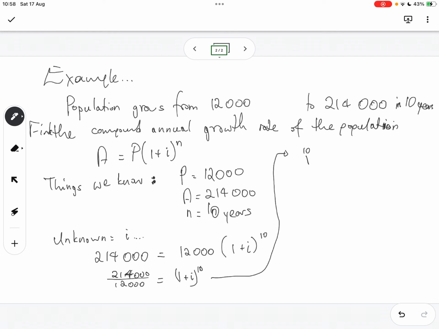Now we take the 10th root of 214,000 over 12,000, and that equals 1 plus I. Let me ask you, this step where we change so that we are left with just 1 plus I, do you follow how we get there?